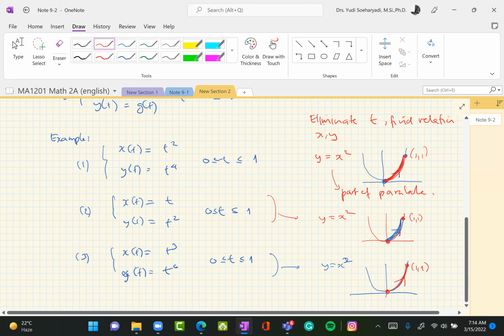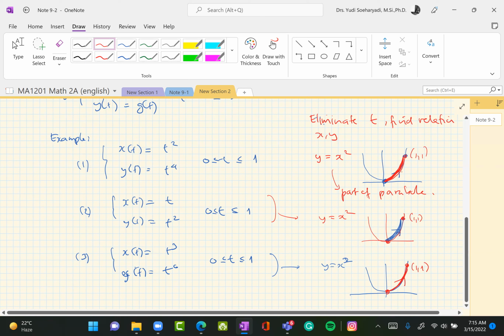Okay, so you see all three, the shape, the curve, is all the same. Now what's the difference between them? Well, the direction is also the same. The starting point is the same, the end point is the same. So almost everything is the same, but you will have some difference later if you take the velocity, for example.